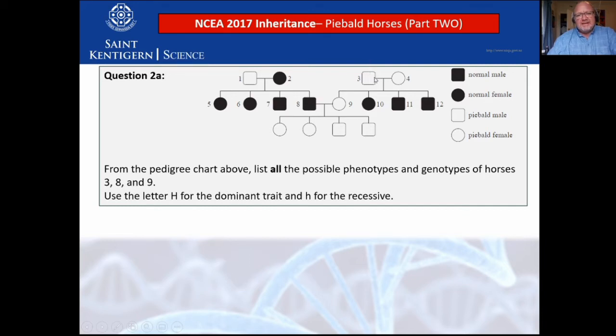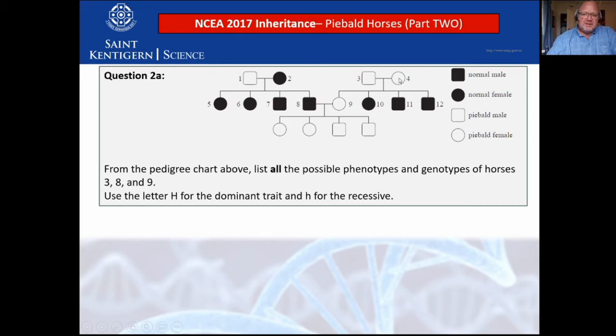So let's look at his kids, because we can also see the mom there, the stallion and the mare, or whatever we call them. She's also piebald. But between the two of them, 3 of their 4 offspring were normal, which means they were little h, little h.